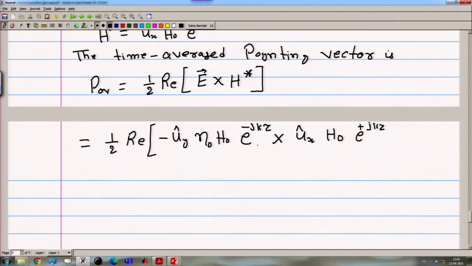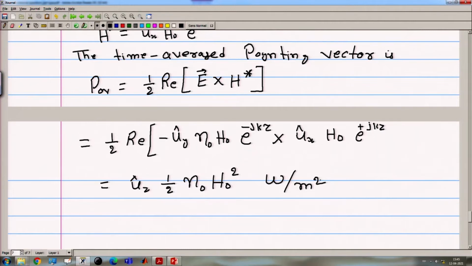So, e to the power j k z and e to the power minus j k z cancel, it will be 1, and minus u_y cross u_x will be u_z. And real part of this will be u_z times 1 by 2 eta naught H naught whole square watt per meter square.